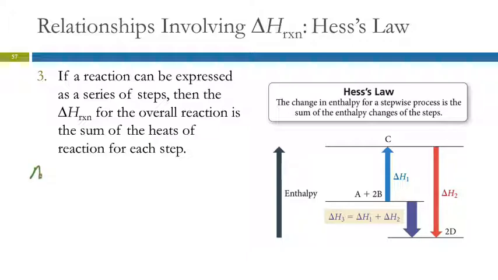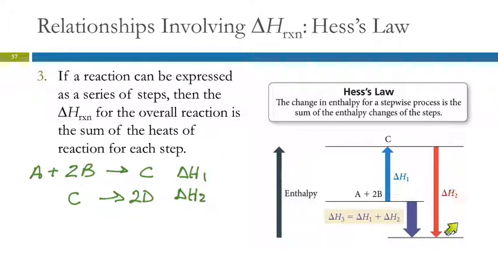So what we're doing here is we're saying, well, this reaction, A plus 2B forming C, that's delta H1. So A plus 2B going to C is this amount. And C going to 2D is delta H2. Now that would be negative, right? So A plus 2B going to 2D, you can get that by adding these two chemical equations.